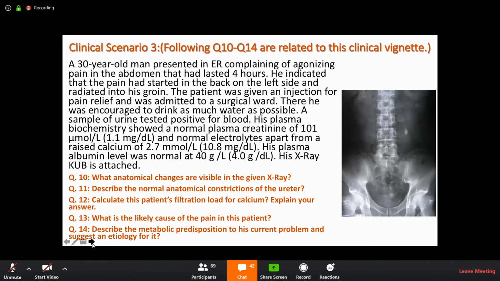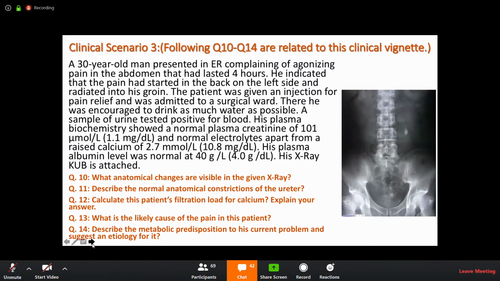The normal calcium in milligrams per deciliter would be around 9. Around 8 to about 10 is considered normal calcium, so this guy is raised, a little bit over the upper limit.